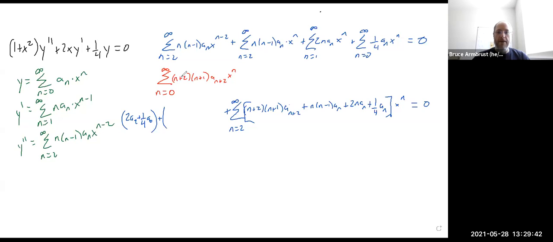Well, that's going to give me 3 times 2, which is 6 a sub 3. This one's going to give me 2 a sub 1. This is going to give me 1/4 a sub 1. So I'm just going to write that as 9/4 a sub 1. And that's going to be times x. Right? Because when n is equal to 1, these things are all x to the first.